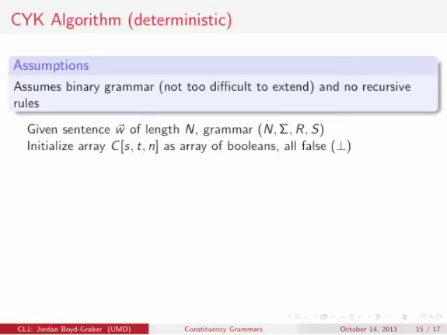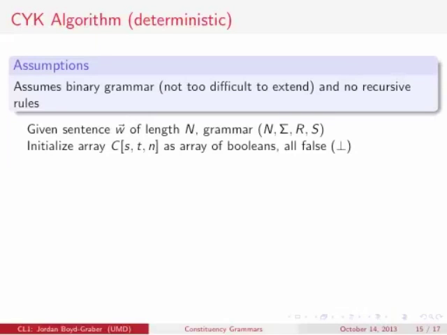And what this does is it assumes that you're given as input a binary grammar and no recursive rules. That is, you don't have the same non-terminal on both the left-hand side and the right-hand side of a rule. You have an input of a grammar and a yield, and you begin by initializing an array of booleans, and you set all of them to false.